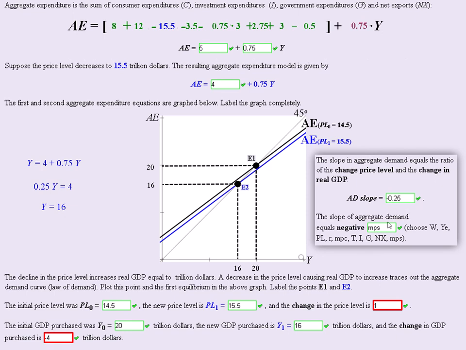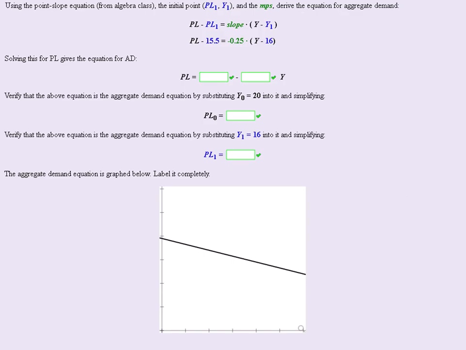In our model, we assume the MPC is 0.75. The slope of aggregate expenditure is the MPC, and if I subtract 1 from that, I get the slope of aggregate demand, negative 0.25. And that's not by coincidence. You'll know why in a second.